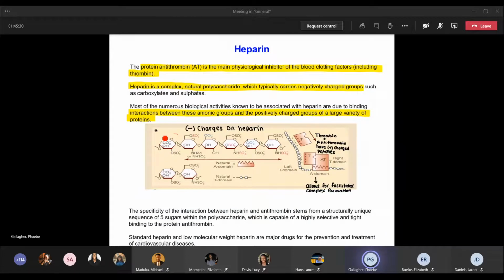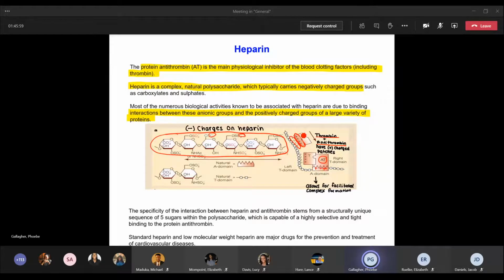So this is pretty much what heparin is. It's a bunch of sugars, all of them have negative charges, so it's this chain of sugars. Essentially its negative charges interact with the positive charges on the thrombin, and as it's floating around in your blood, it'll bind to the thrombin, and then later it will probably bounce into the antithrombin because it also has these positive charges that it associates with.